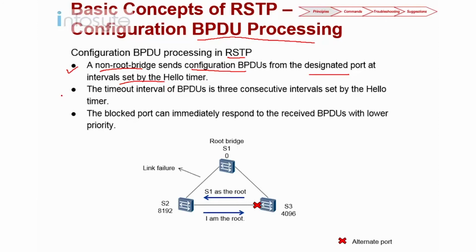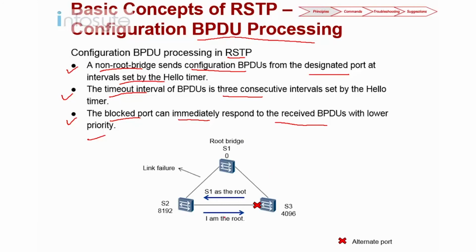Second, the timeout interval for BPDU is 3 consecutive intervals set by the hello timer. This is different from STP, where we have a forward delay of 15 seconds and the max age timer of 20 seconds. And lastly, a blocked port can immediately respond to a received BPDU with a lower priority. That is the key to the rapid convergence of RSTP.